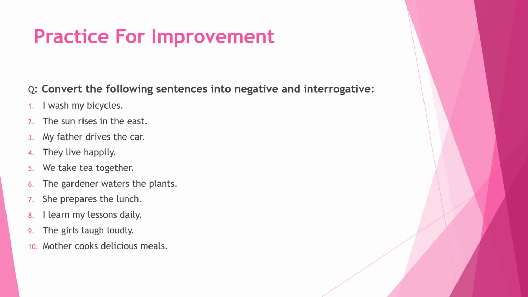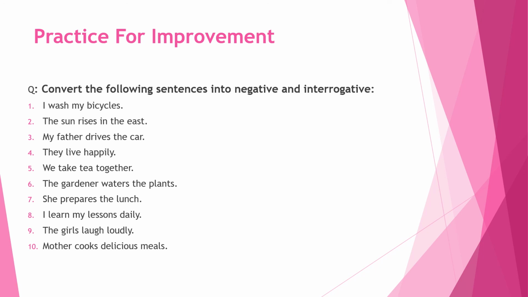Now, here are some sentences for your practice, for your improvement. The question states, convert the following sentences into negative and interrogative. All these sentences from 1 to 10 are from present indefinite tense.